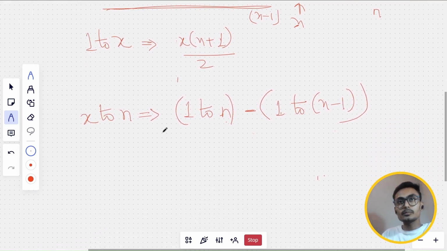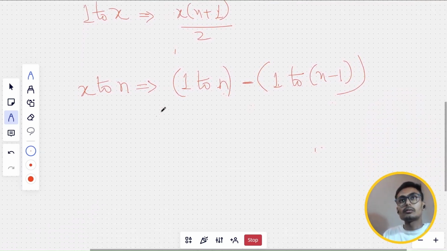So let's solve this. According to the question, these will be equal, right? And we already told the validity of this answer. If x is an integer, then it is a valid answer, and if x is a fractional value, that means it is not a valid answer.